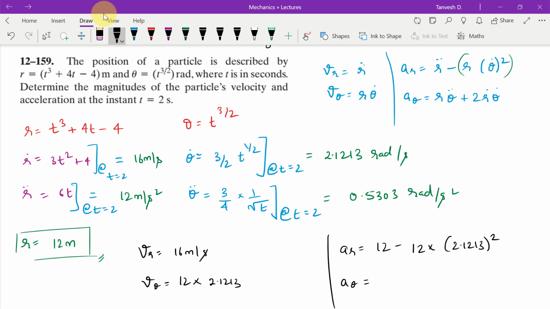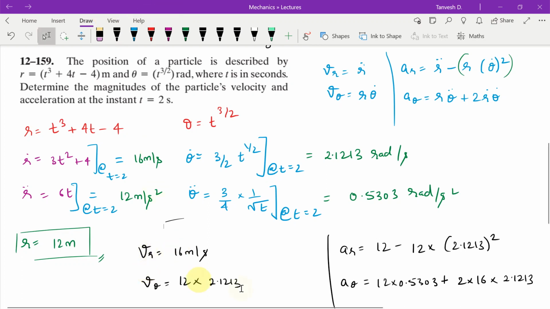A theta is R theta double dot, so it is 12 into 0.5303 plus 2 into R dot theta dot, which is 16 into 2.1213. So you all can calculate it, and finally you will get the magnitude of your total velocity and total acceleration, right?